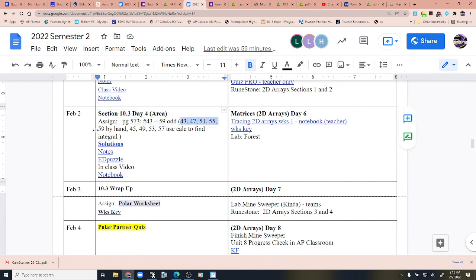Let's do some by hand. So the first, 43, 47, 51, do I bounce around at all? I did bounce around a little bit. So it's not all in an order. So those are the ones that I picked. Hey, let's do these by hand. I want you to set these other ones up and then just use a calculator so that you're not doing all by hand. So I'll save you a little bit of time. That way we can practice setting them up a little bit too.